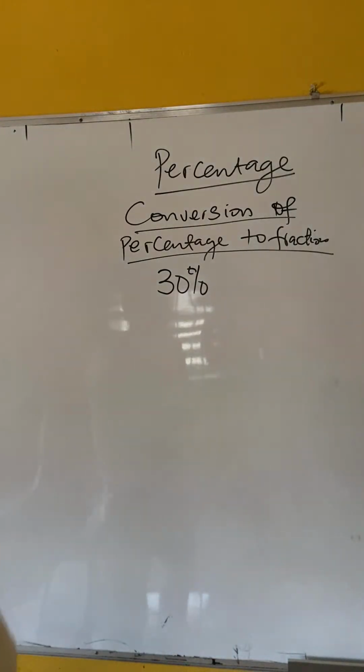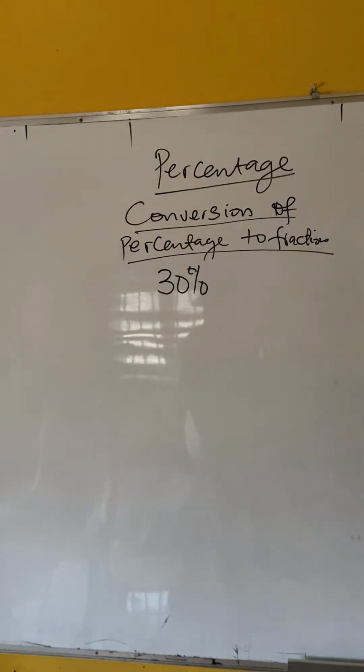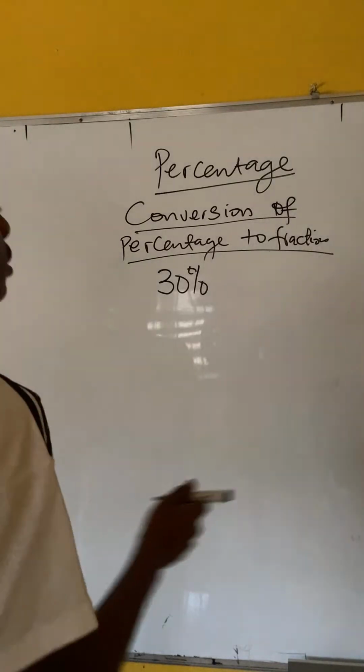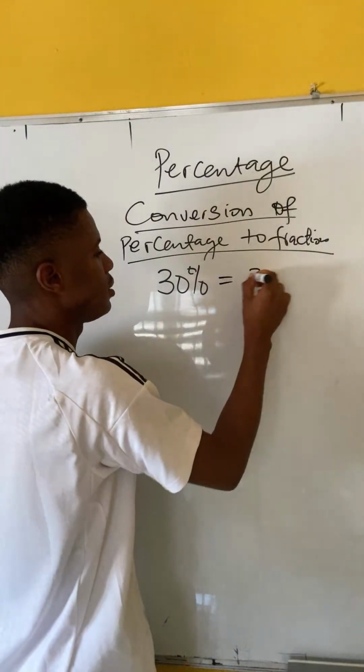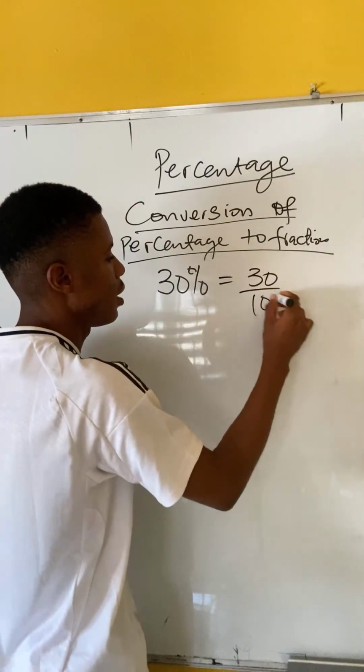Okay, so the next one we look at, do you know how to get 30%? What is 30% to fraction? 30% to fraction is 30 over 100.